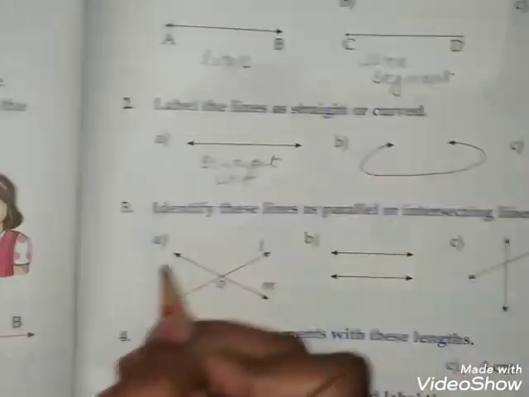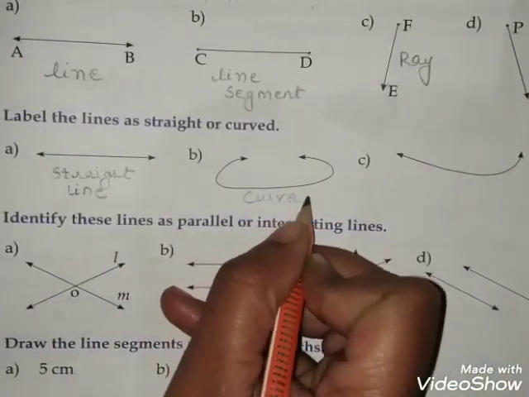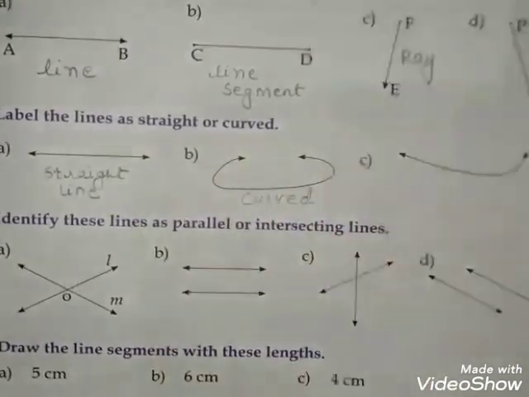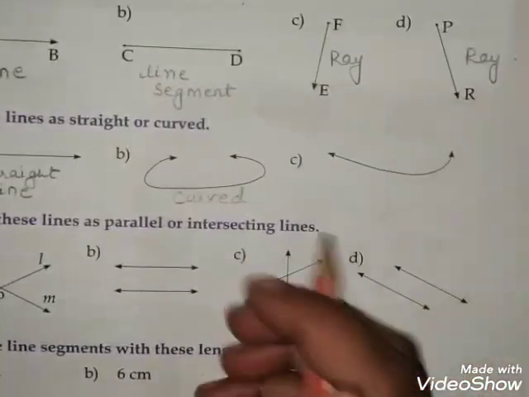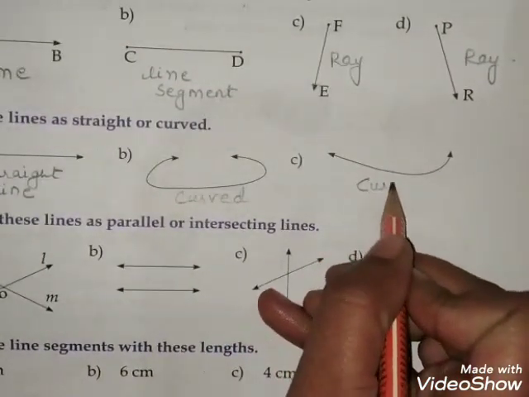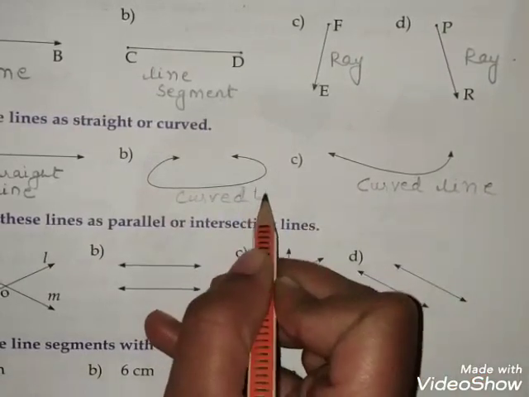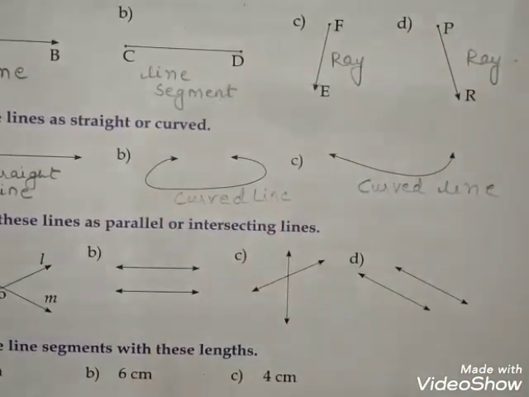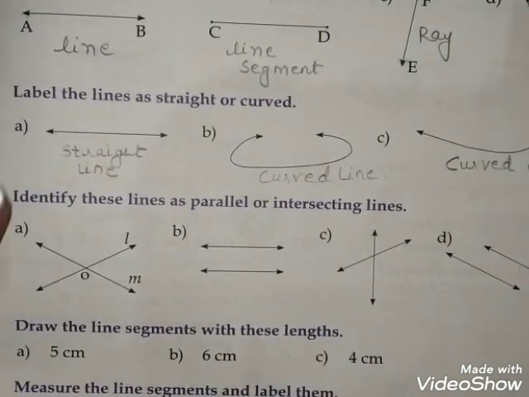Now in question number B, we can see that it is curved line, as it is in curved shape. And in question number C also, we can see that it is curved line, right? So all these things you can fill in the book only. Please, no need to write these questions in your notebook.